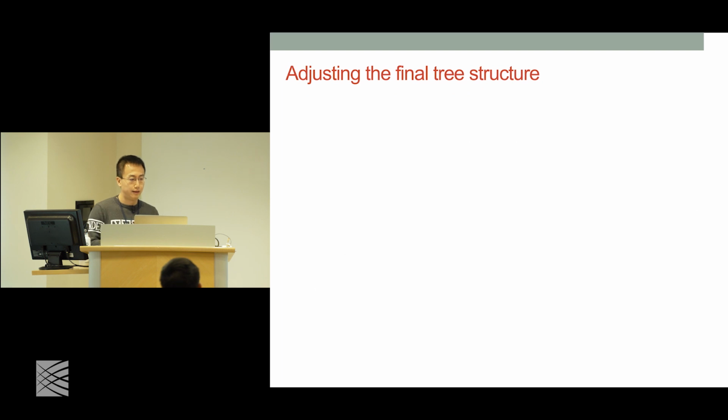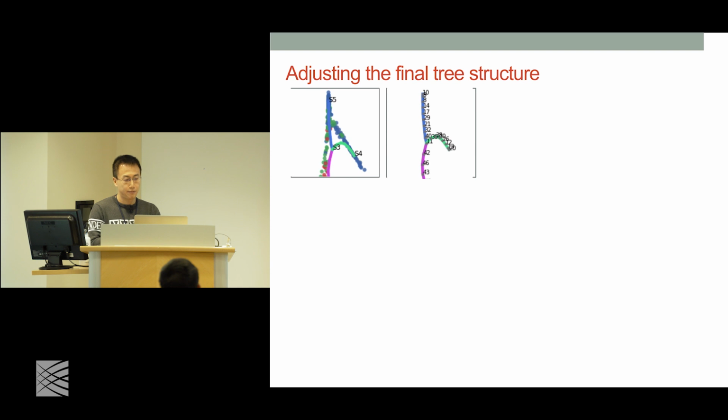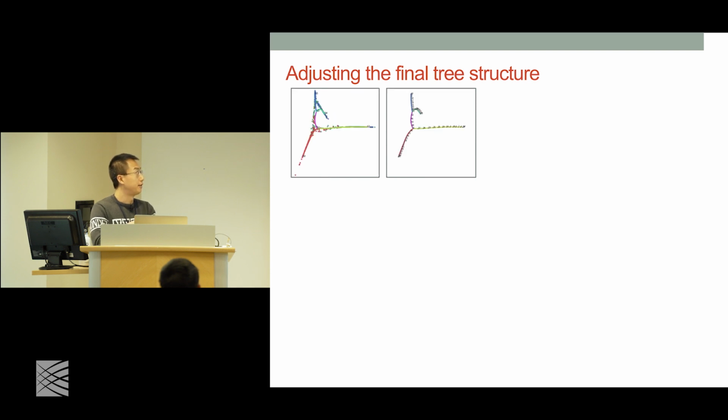We also made some extra efforts, adjusting the final tree structure to make it more suitable to single cell analysis. This is the structure we got after ElPiGraph. As you can see here, we can already capture the main structure. We can find 2 bifurcation events here.